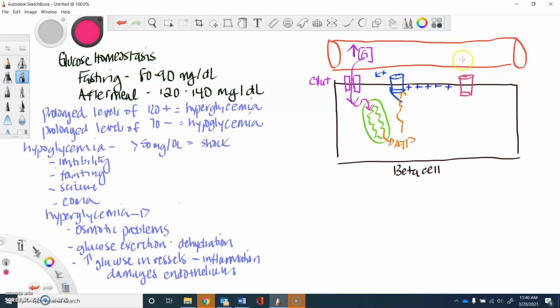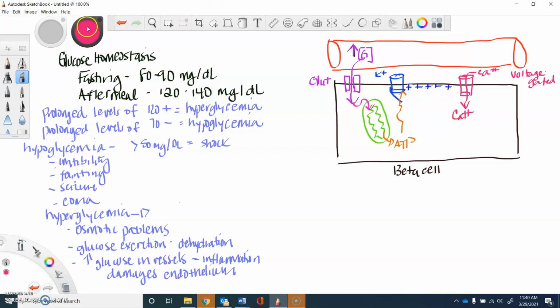Along that membrane are also some other channels, and these are voltage channels for calcium. Because they're voltage gated, when the potential increases to that positive number, this voltage gated channel opens, and in comes calcium.